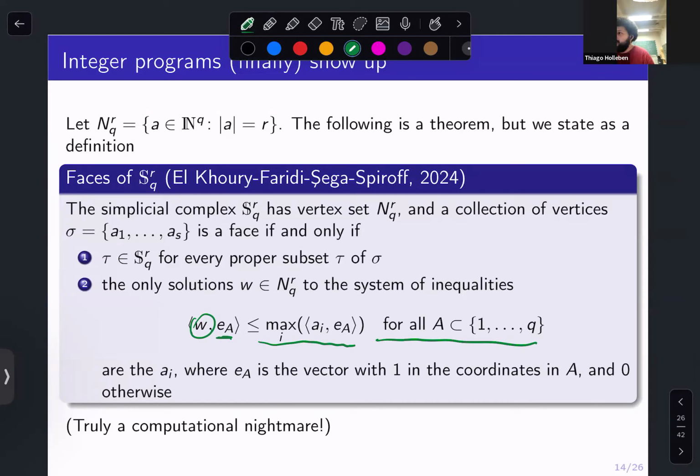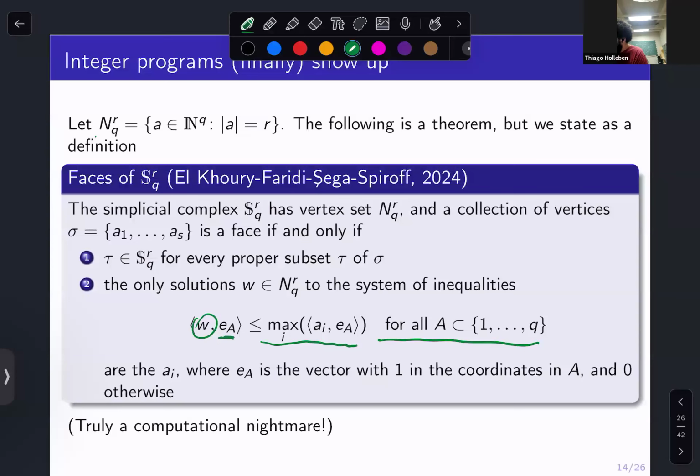Do you have a question? Yes. Can you remind me of what this N^R_Q is? It's every vector that has natural coordinates, and the sum adds up to R. Okay. Great.